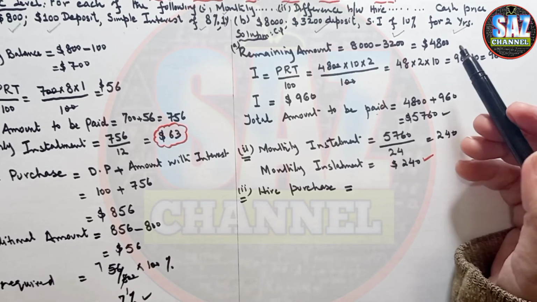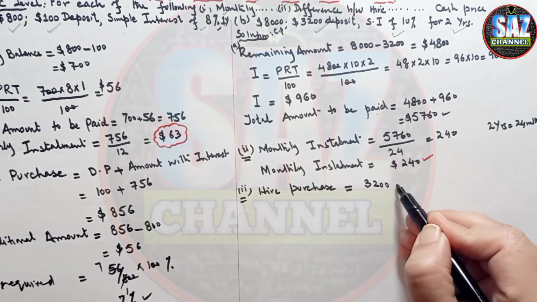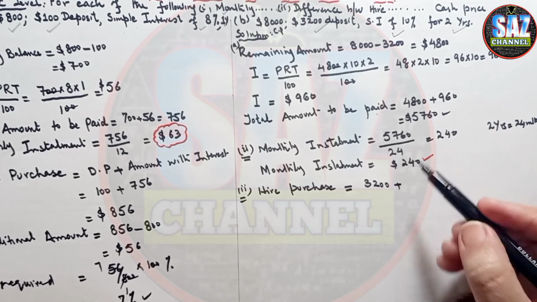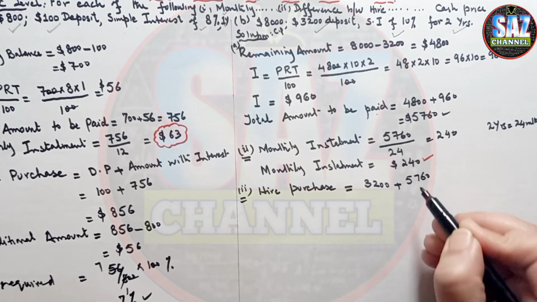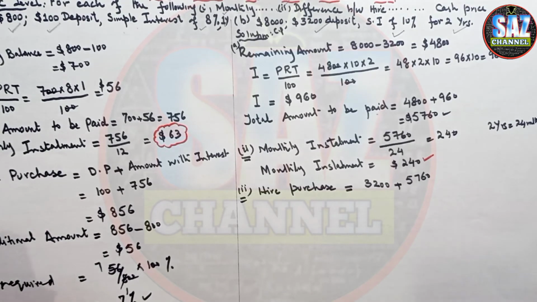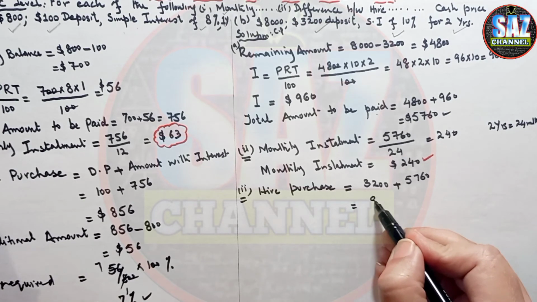What was the down payment? That is $3,200, plus the total amount that we have to pay with interest, that is 5760. Now let me add them up. 3,200 plus 5760, and this is $8,960.